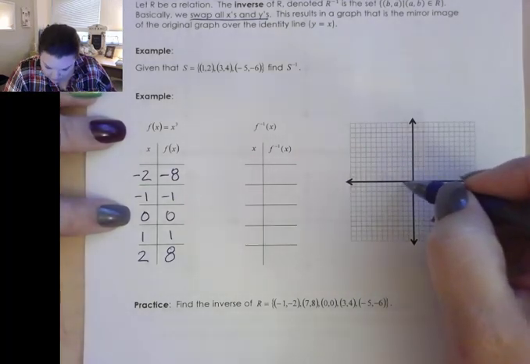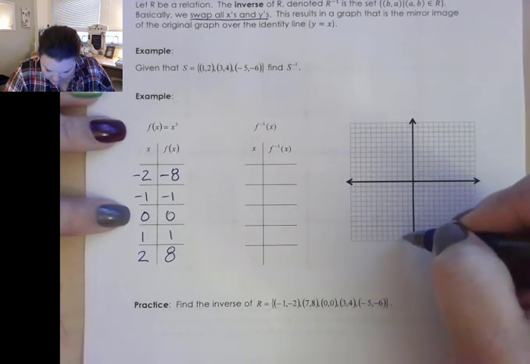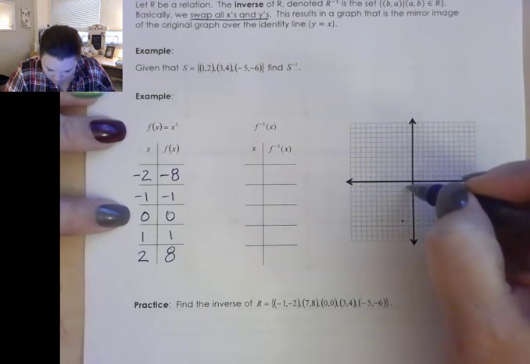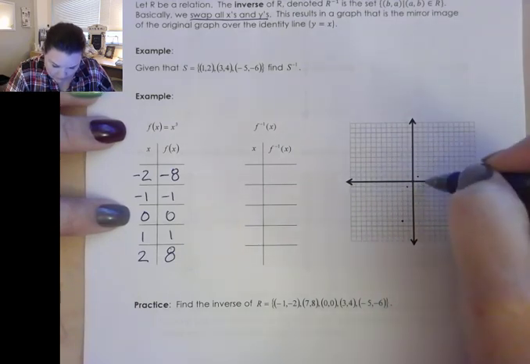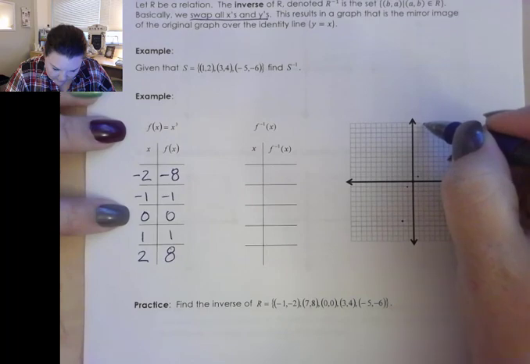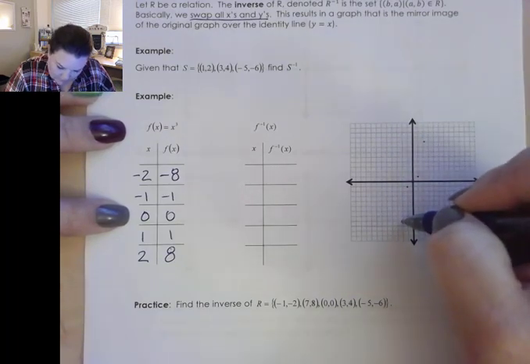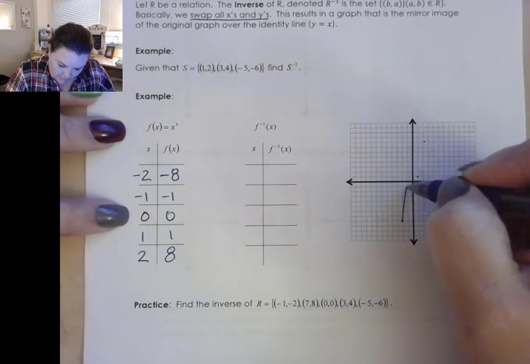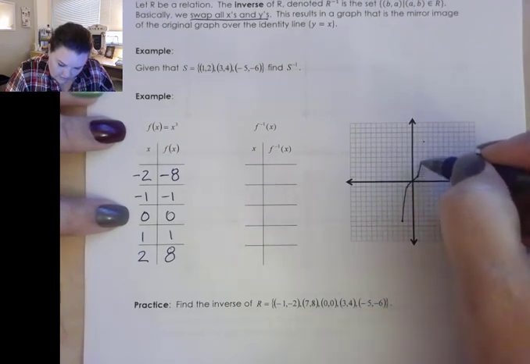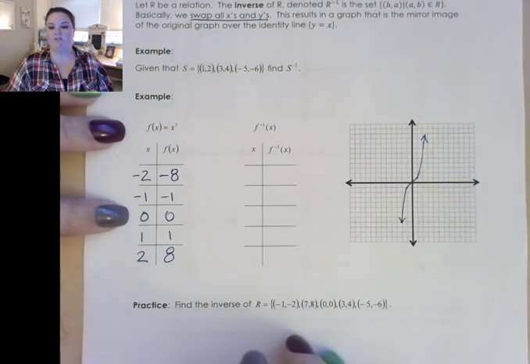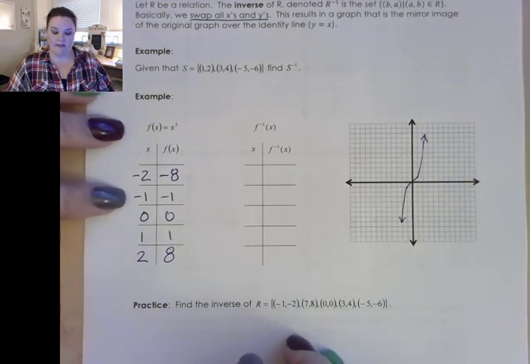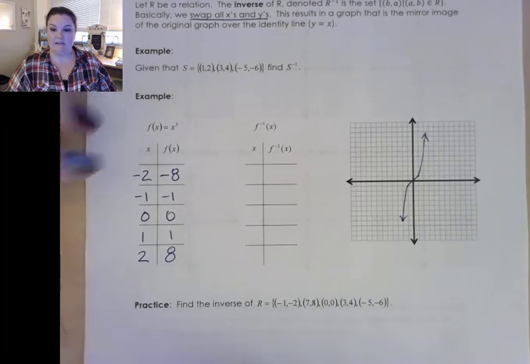So at -2, I'm down at -8. At -1, I'm at -1. At 0, I'm at 0. At 1, I'm at 1. And at 2, I'm back up at 8. So when I connect my dots, this makes a little whoosh that's jogged over in the middle, okay? And now I want to find its inverse function.